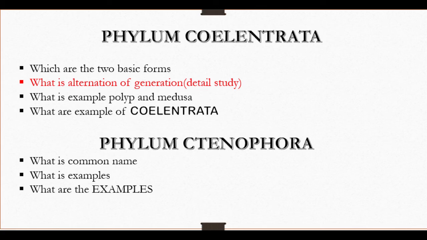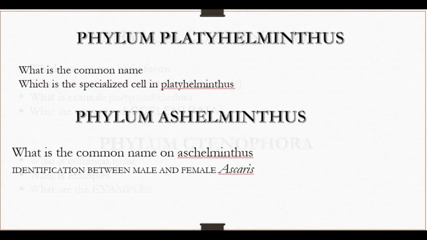Next, from phylum Ctenophora, the commonly asked question is what is the common name of Ctenophora, from where does it get the name, and the examples. Then from Platyhelminthes, the frequently asked question is what are the other names given for Platyhelminthes, and what is the specialized cell in Platyhelminthes, that is also a frequently asked one-word question.